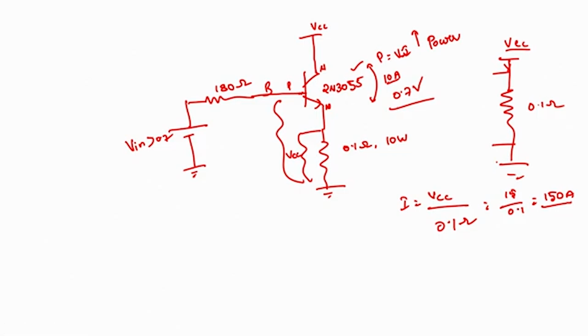But how do I control the current? In this case you do not have any option. Whatever voltage I apply above 0.7 does not matter, the transistor will always be in a switch on condition. So the voltage drop across this resistor will always be VCC. You cannot control the temperature, the flow of current, or the voltage drop across this circuit.